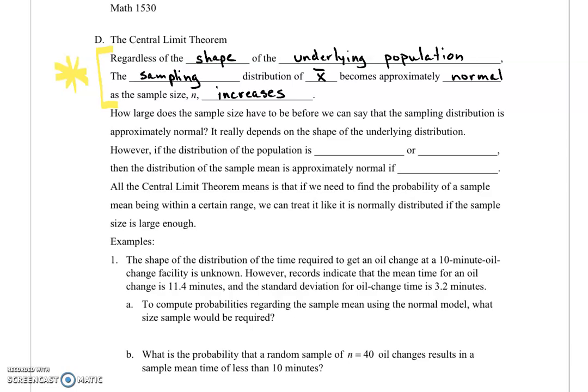But we usually say if the distribution of the population is unknown, meaning they don't tell us what shape it has, or if it's non-normal, and non-normal just means it's not normally distributed, then we say the distribution of the sample mean is approximately normal if our sample size is greater than or equal to 30.